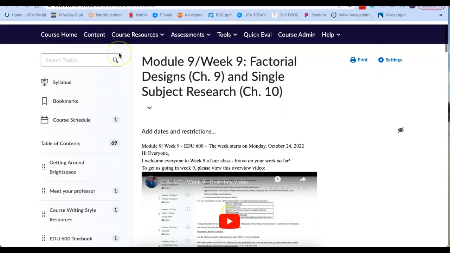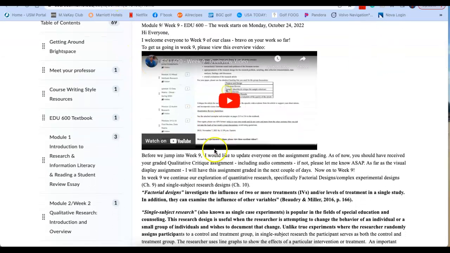I have a very simple definition here. In this type of research, it investigates the influence of two or more treatments and or levels of treatments in a single study. So it can also get into more details on other variables. I've always found personally this to be a little bit confusing. And from my experience, at least the type of research that I've been involved with, we rarely touch upon this type of design.